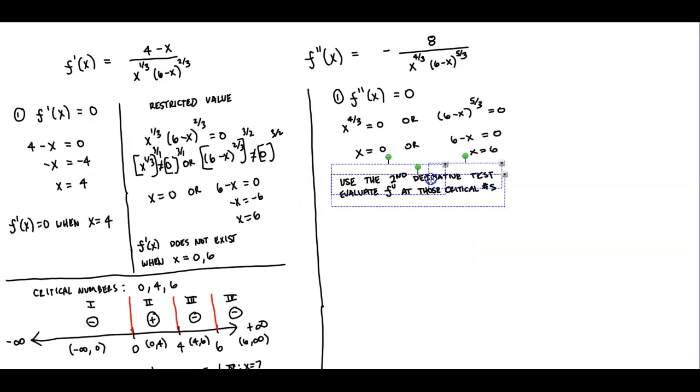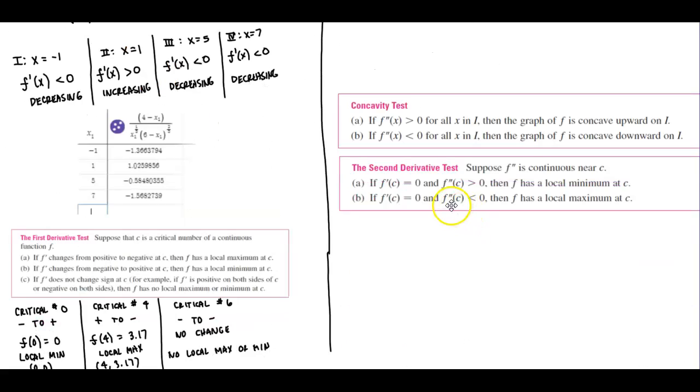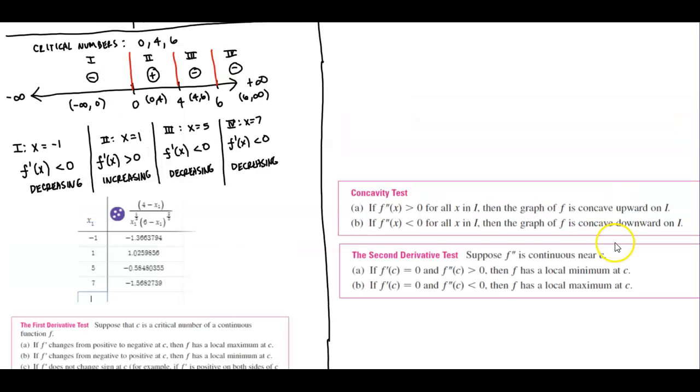So now what we want to do is use the second derivative test to evaluate the second derivative at those critical numbers. Remember that the second derivative test tells us that if f prime of c is equal to 0, then if the second derivative is greater than 0, f has a local minimum, and if it is less than 0, a local maximum at c.